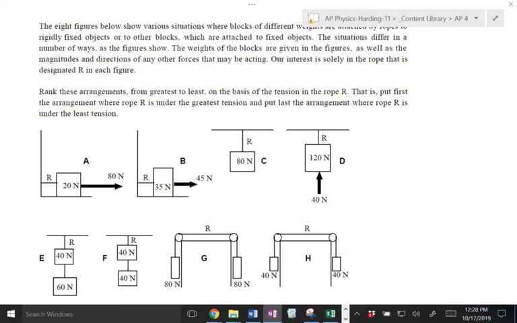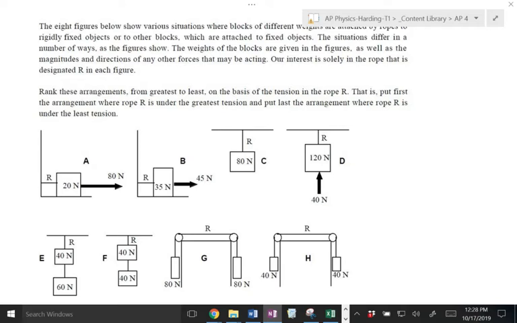Like, if you can kind of see down at the bottom there, G and H, those diagrams are terrible. What they are pretending to show is 2 equal massed objects located either side of a pulley like this. So they're wondering about the tension in that string. And hey, compare that to this setup where the string's attached to a fixed object and then passes over a pulley. So like, which one of those strings is under greater tension, more likely to break?